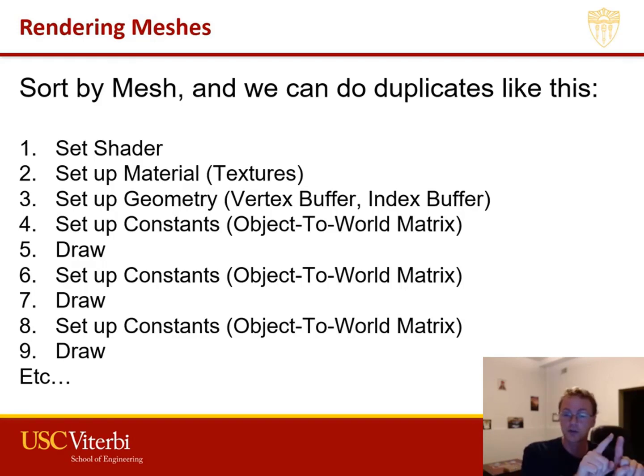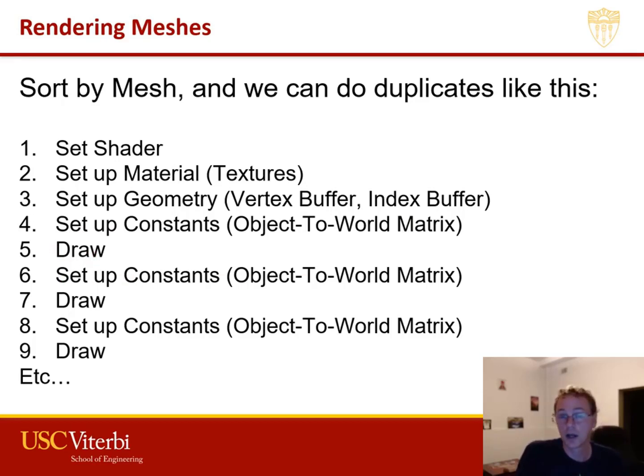We set it for the first tree, and then let's leave those be while we do tree after tree after tree after tree. The only thing that changes from object to object is the matrix. So here's what we'll do. We'll set up our geometry, set up our textures, and then we'll set our constant matrix, do a draw.